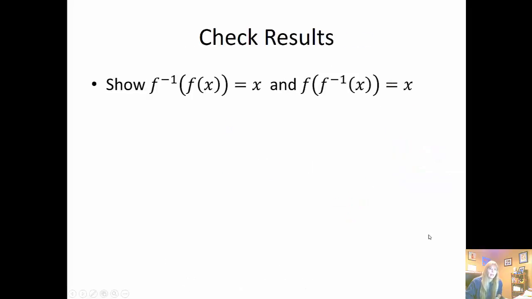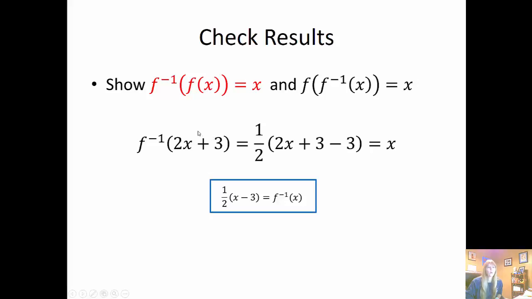How you algebraically prove it was with the formula that I showed. We plug our original function into the inverse. This was our inverse. Where you see an x, notice I plugged in 2x plus 3. Once I plug that in, 3 minus 3 is 0. 1/2 times 2, the 2's cancel, and I just get x.